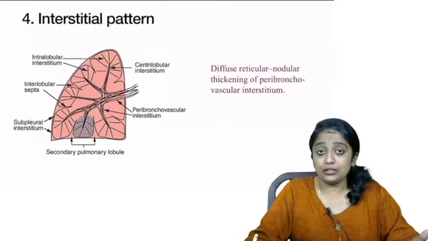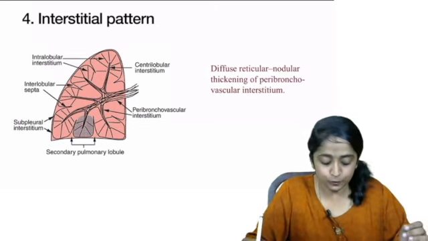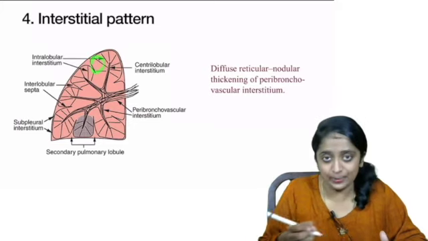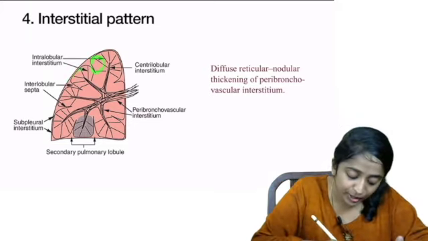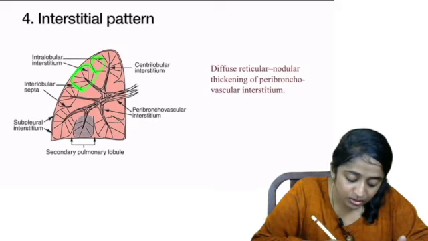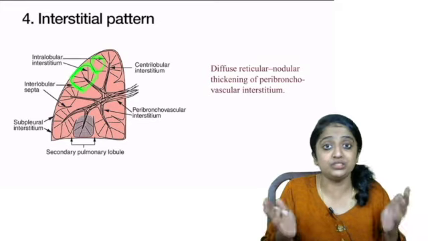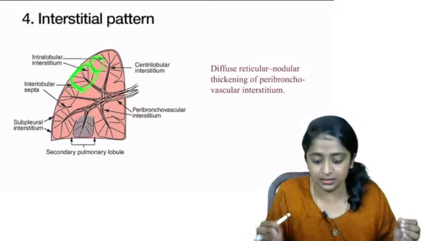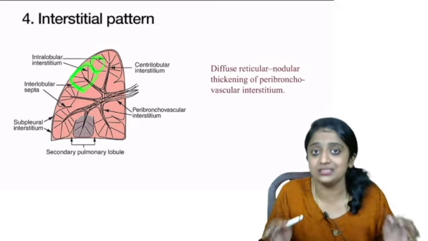Now another pattern of opacity is the interstitial pattern. What do you mean by interstitial pattern? For that, let's go to the anatomy. We know that the lung is made of alveoli. Many alveoli club together to form a lobule. And what is the peculiarity of the lobule? The lobule is within the confines of a connective tissue framework, connective tissue septa, which harbors the vessels and the lymphatics. What if the inflammatory process is concentrating in the septa?